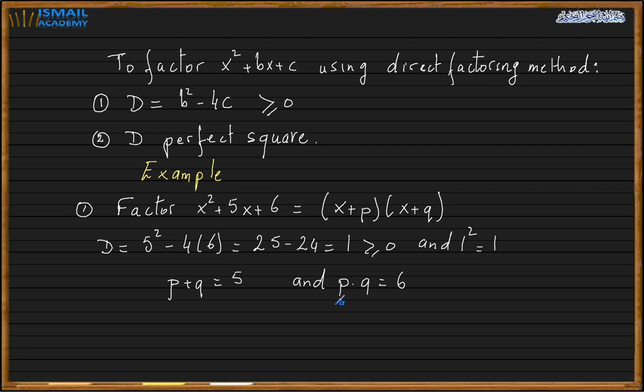I have 1 times 6, minus 1 times minus 6, 2 times 3, and minus 2 times minus 3, all giving 6. Then I add them: here will give me 7, this is minus 7, this is 5, this is minus 5. I'm looking for those two numbers.